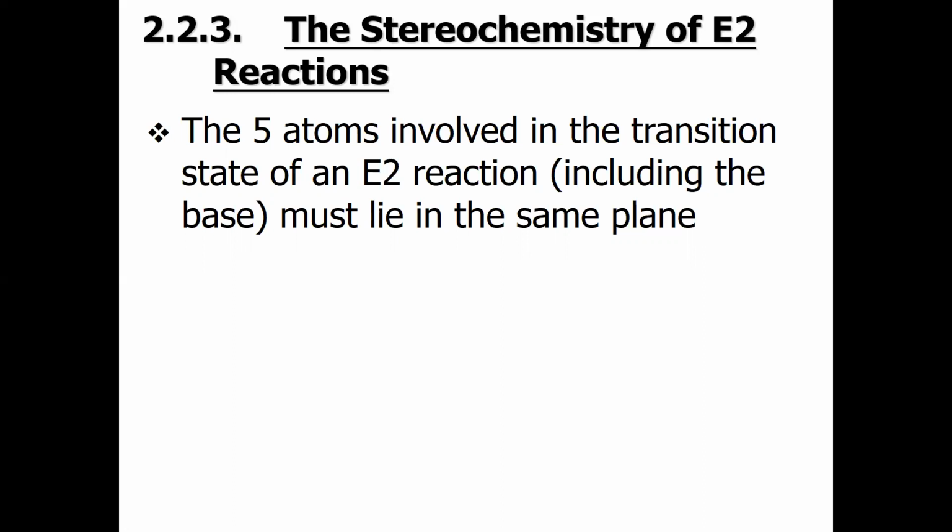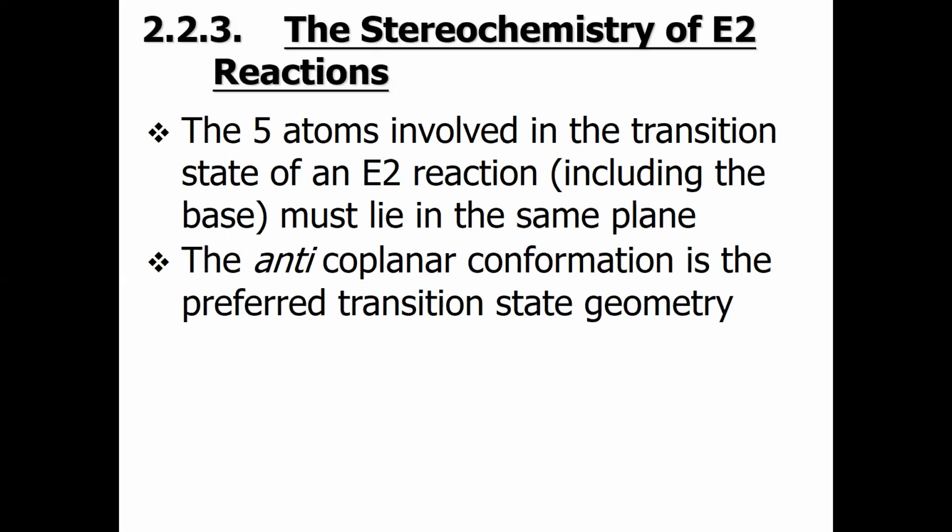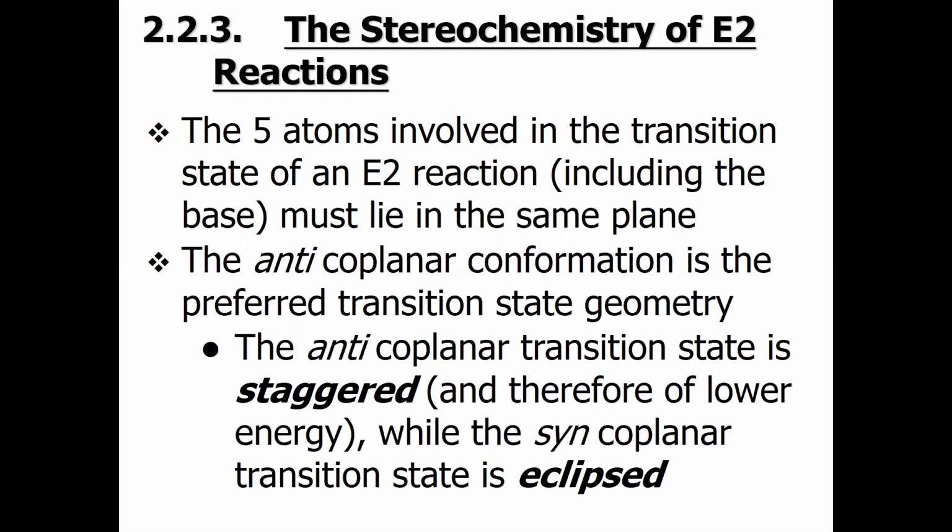But how are they placed in one plane? This is a very important question. These five atoms should be in an anticoplanar conformation, the preferred transition state geometry. Now the question is, what is anticoplanar?